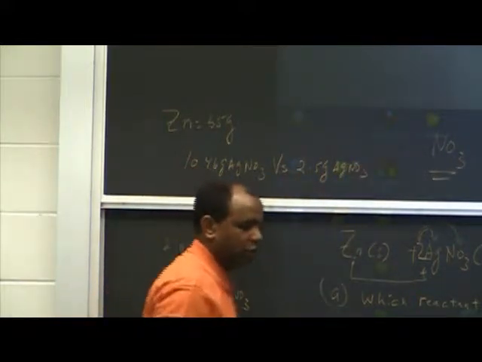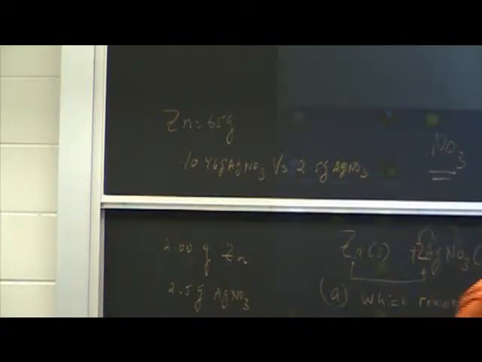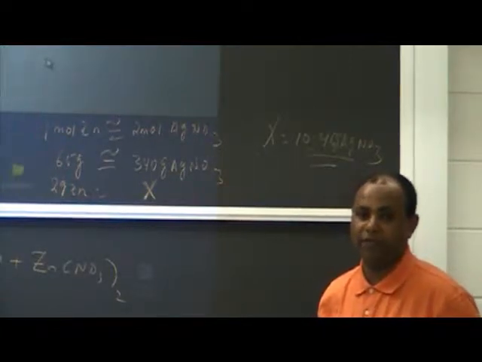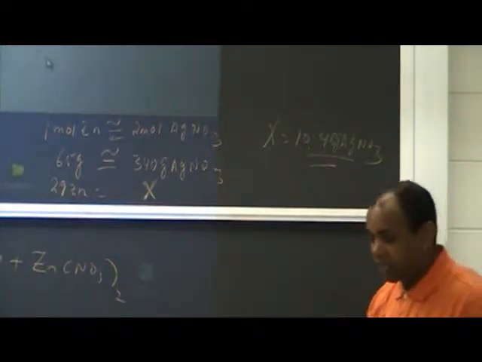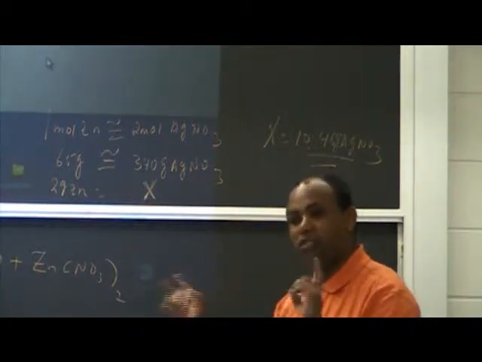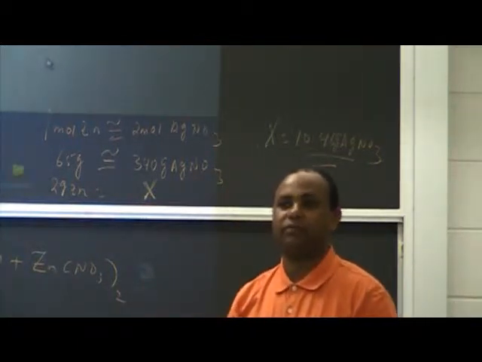And what is your conclusion from here? You compare these two values and you have to come up with something. When you see these two numbers, what do you see?